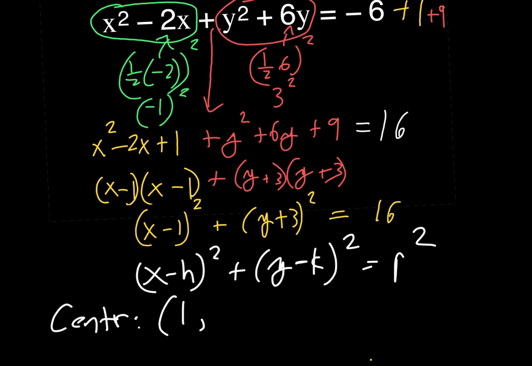So y would have to be negative 3, because negative 3 plus 3 is 0. Over here, 1 minus 1 is 0. So my center is this. And then my radius: this 16 is r squared. So r is 4.